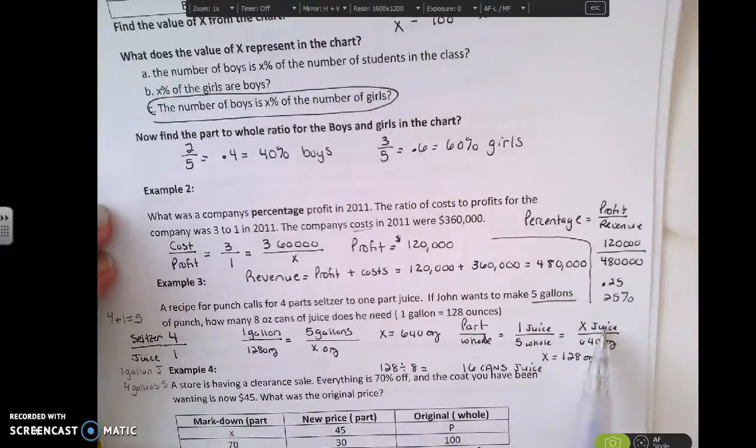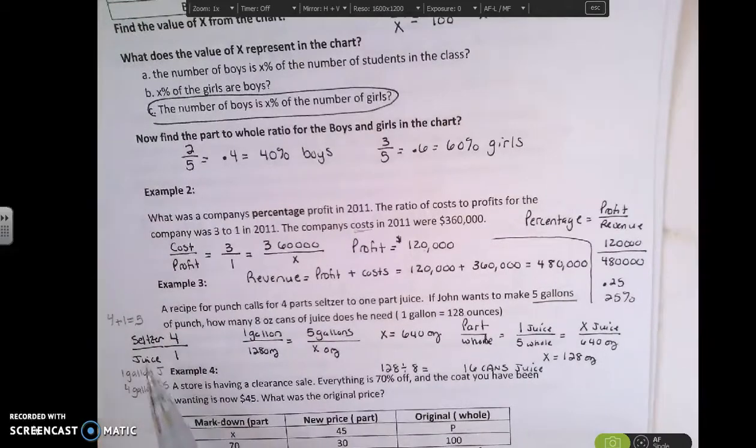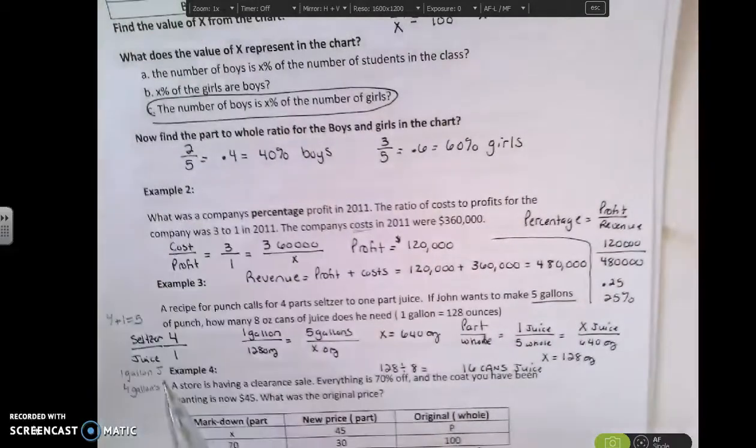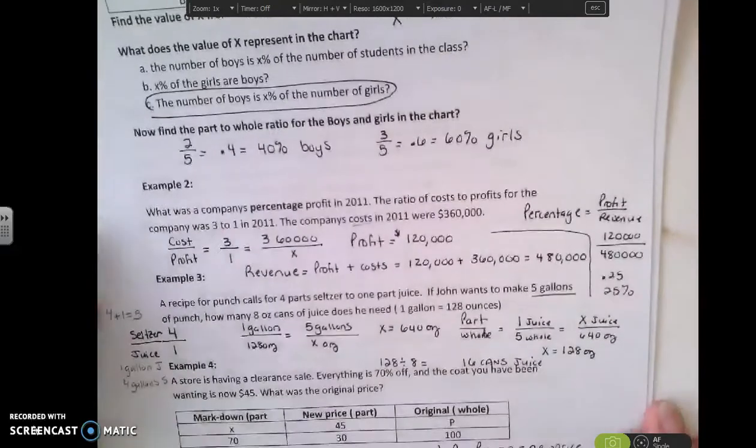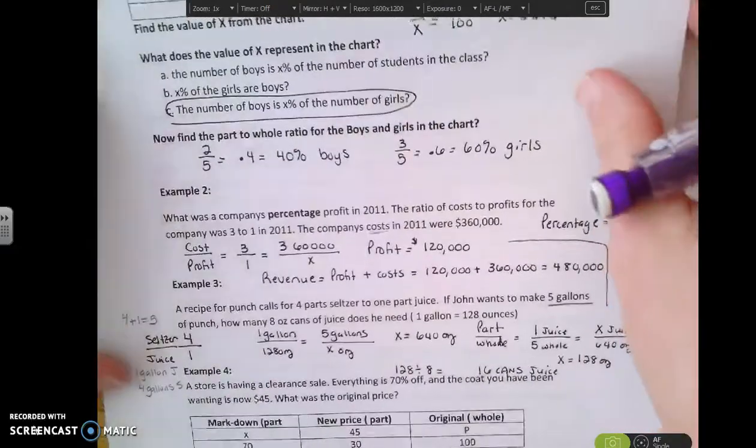So X juice over 640 ounces means X has to be 128 ounces. And then each can of juice is 8 ounces, so 128 divided by 8 would be 16 cans of juice. So this way, over here, where you think about the 5 gallons and the 5 parts is really easy, but it might not always come out to be that straightforward.